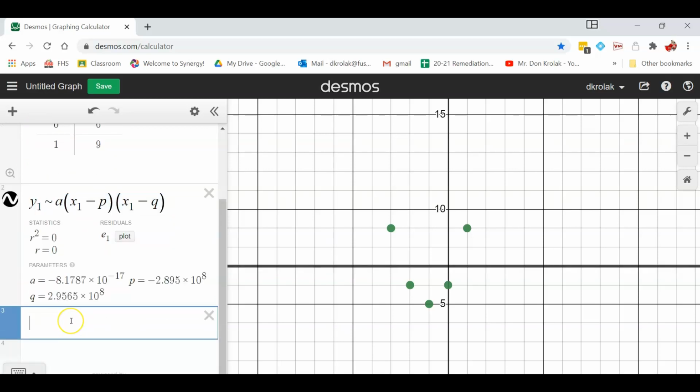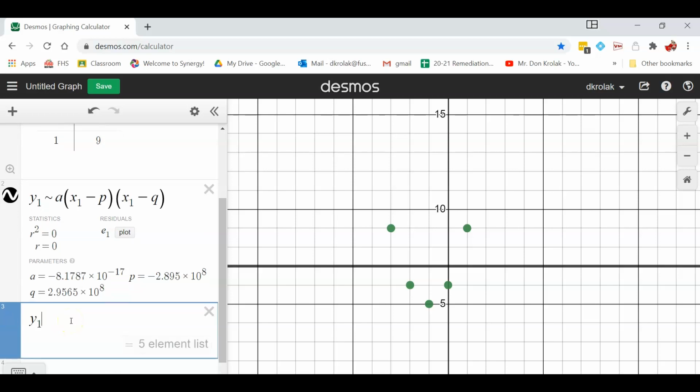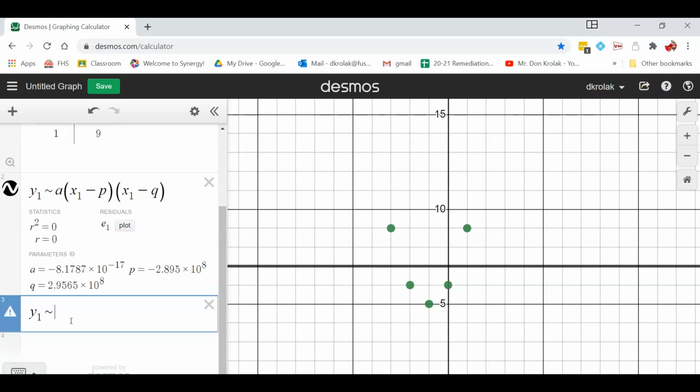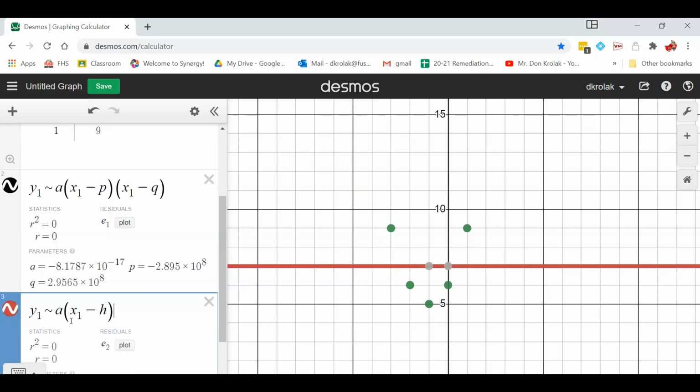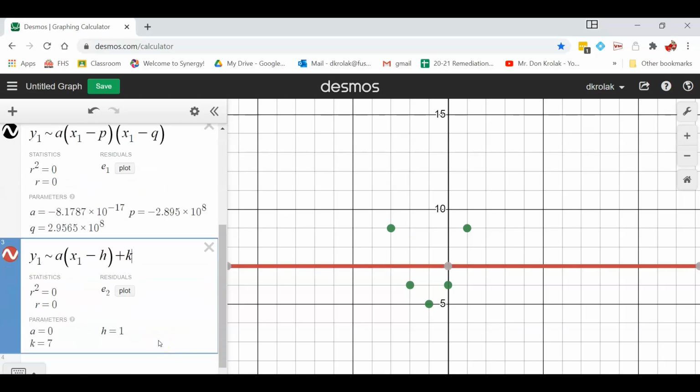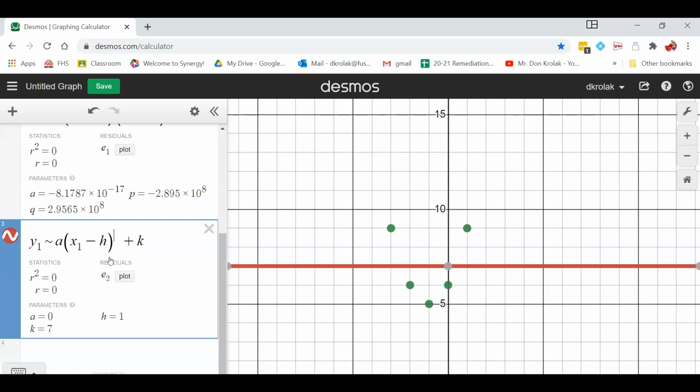So for the other one, y1 squiggle a, x1 minus h. So here it is in vertex form, plus k. I didn't square it, so I'm going to go shift square.